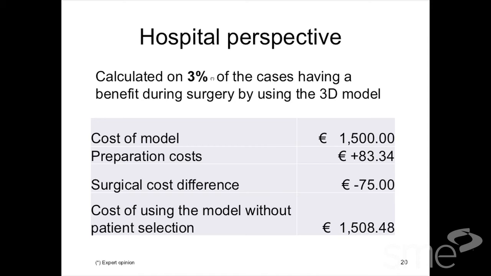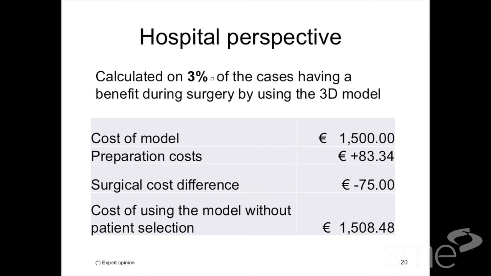But this one said that in 3% of the cases, the model would benefit and it would give a reduction. If you look at it, the cost of a model would be estimated at 1,500 euros, and the preparation cost would be approximately 83 euros, and the surgical difference, which is 3% of that 2,500 euro in reduction of surgical time, we end up with the cost of a model is approximately 1,500 euro for a model.